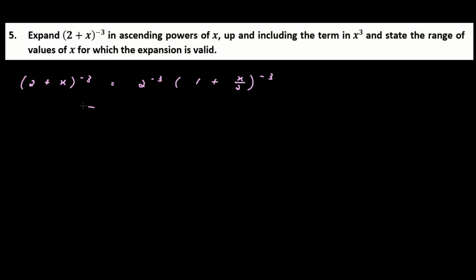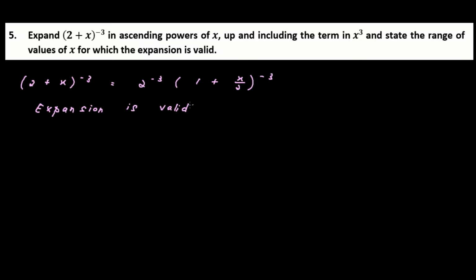Okay, I forgot the second part, which is where the expansion is valid. So please make sure that when you do this type of question, your expansion is valid for modulus x over 2, right? The x is not referring to your original equation. Although it's a plus x, you are using the formula of 1 plus x as well.